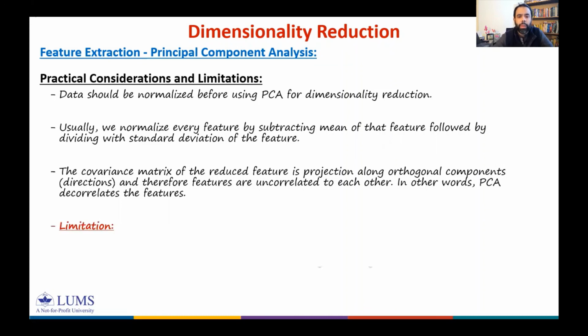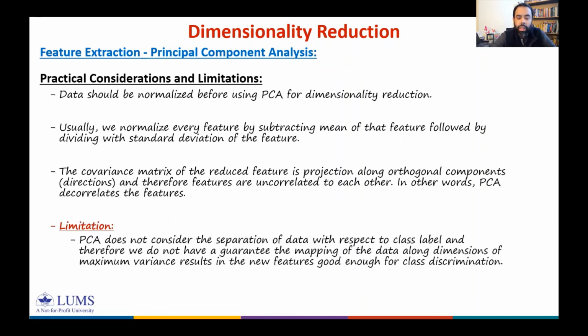The limitations include that PCA does not consider the separation of data with respect to class label. I have said this earlier, that PCA does not take into account the label, the output that is associated with your input feature. So it only projects all the data, irrespective of the class label, to a lower dimensional space.